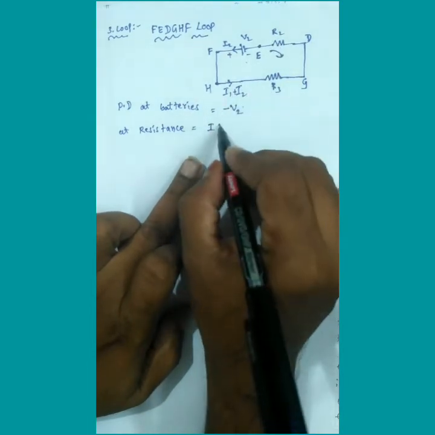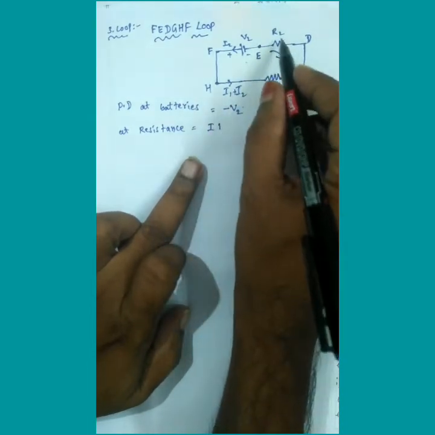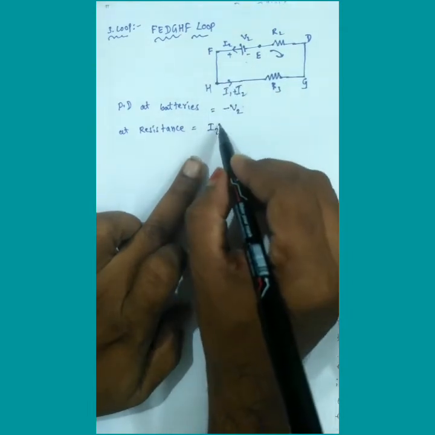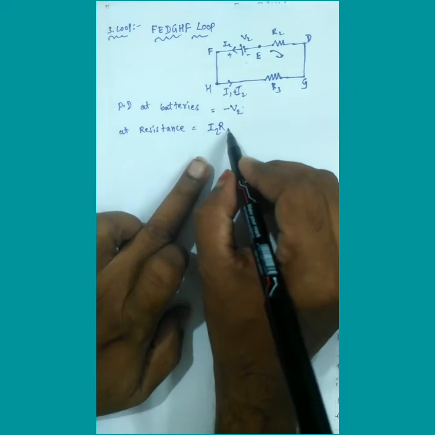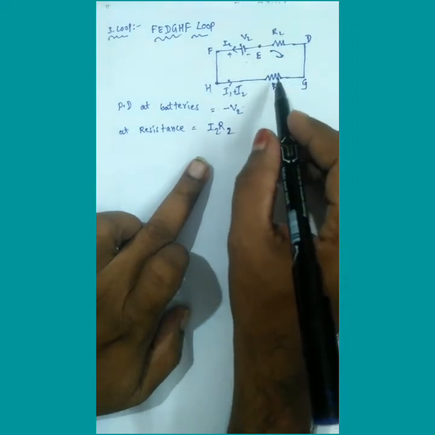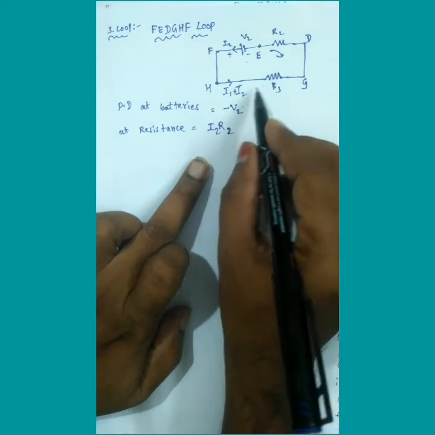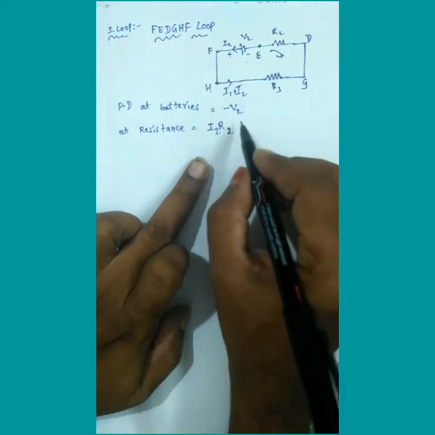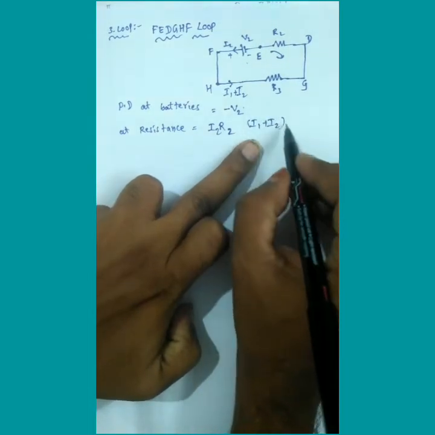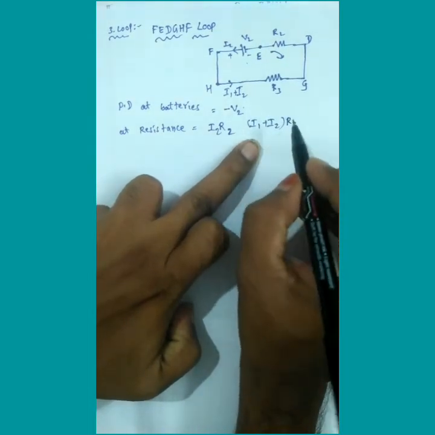At resistor 2 the potential difference is I2 R2. And we have to calculate the potential difference at this point, V equals IR. How much is I here? I1 plus I2, into R3, the resistance.